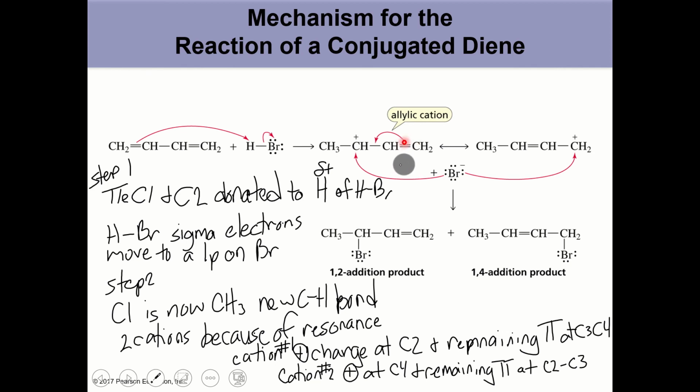When we move the pi electrons of the pi bond between 3 and 4 to between carbons 2 and 3, then the positive charge goes to carbon 4. So the pi that was between 3 and 4 moved to 2 and 3, so that 2 was no longer positive, and that gave us a positive charge at carbon 4.